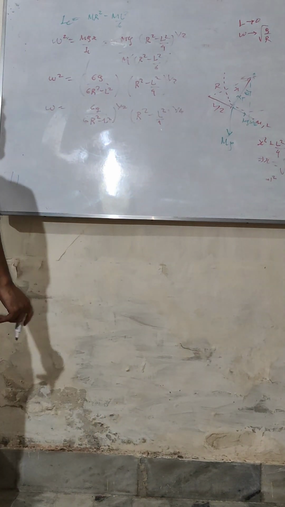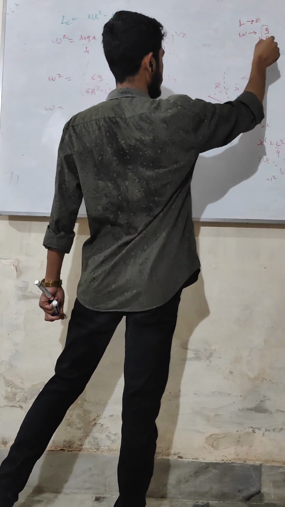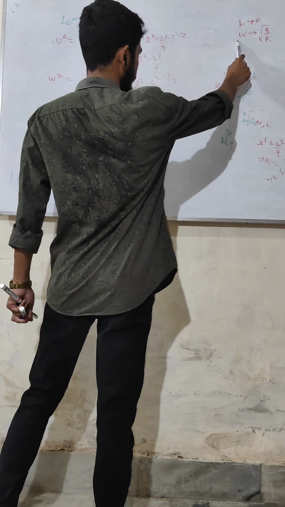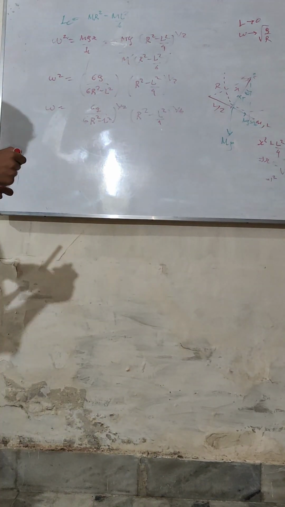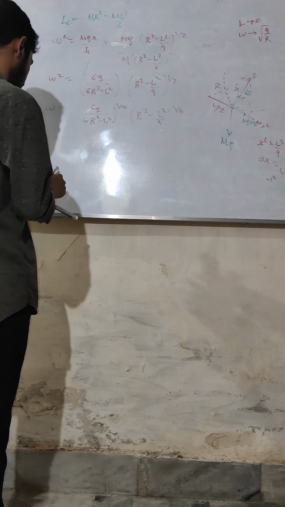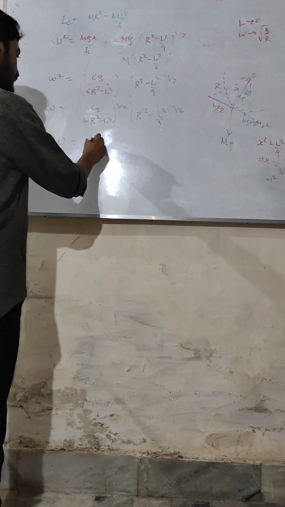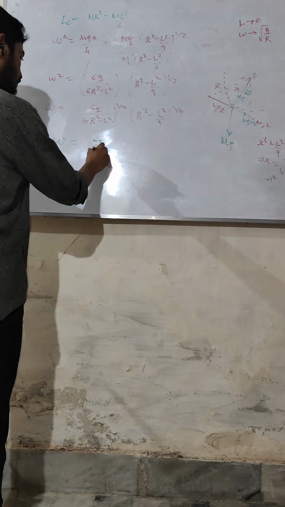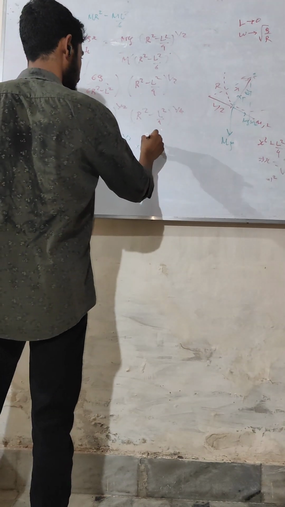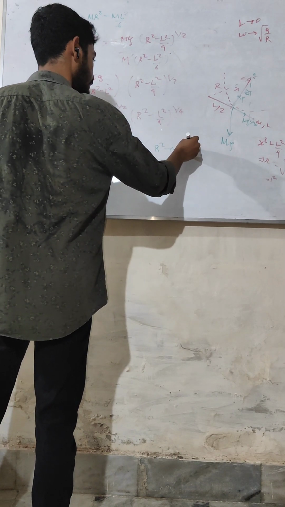In fact, if we go back to our original statement that when L equals 0, or when L approaches 0, we expect the frequency to become that of a pendulum, right? So if we actually put L equals 0 here in this expression, you will see that omega is equal to 6g by 6r squared minus 0 to the 1/2 times r squared minus 0 to the power of 1/4.